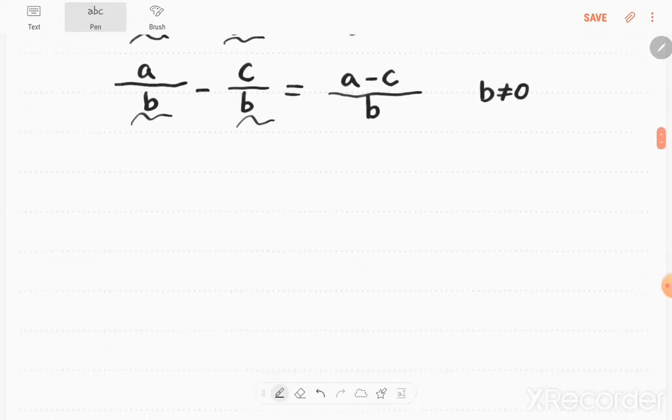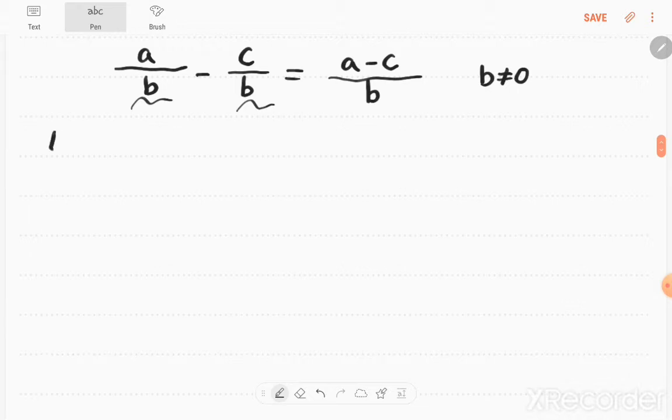Okay, let's check the example. First, let's try the addition with same denominator. Here 2 over 7 plus 4 over 7. 7 is our common denominator.